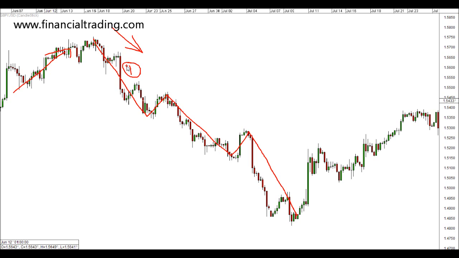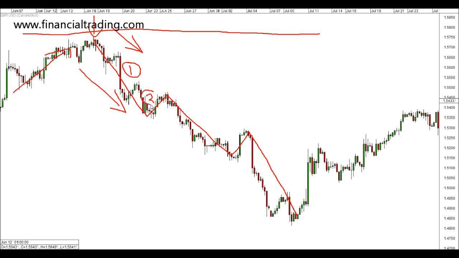Now the reasons why they would do that could be for a variety of reasons. It could be that this is the resistance level, it could be that there was a news event somewhere around here, and it could be a number of other things. But because of the actions of that small number of people, the price has depreciated and fallen on the downside.